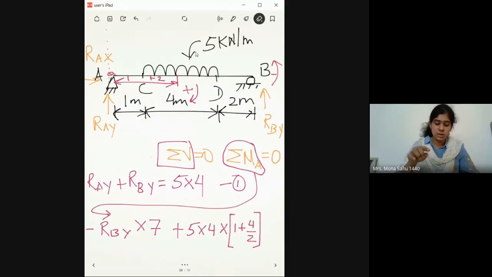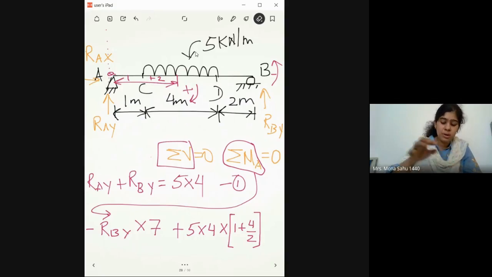So I'll just repeat that. Okay, so we finished RBY. We finished 5 kilonewton per meter. Okay. Next, what we're going to do is for RAY. So you've learned it in engineering mechanics that RAY line of action passes through A. Okay.